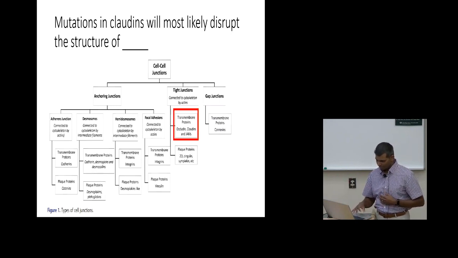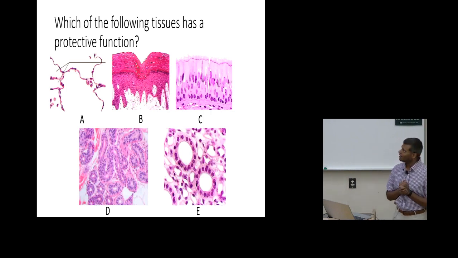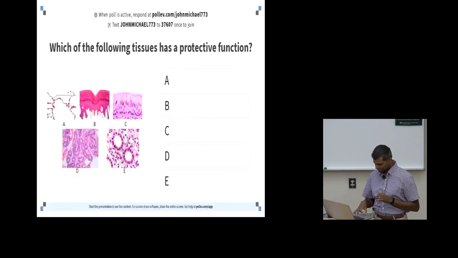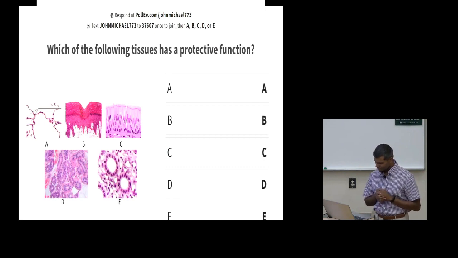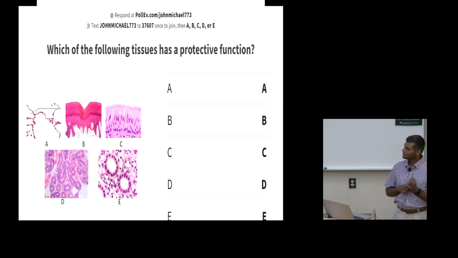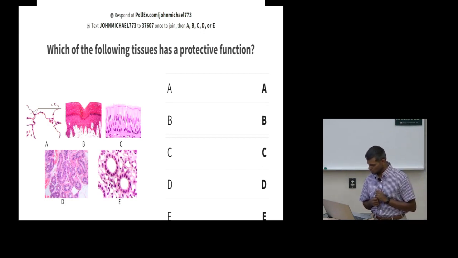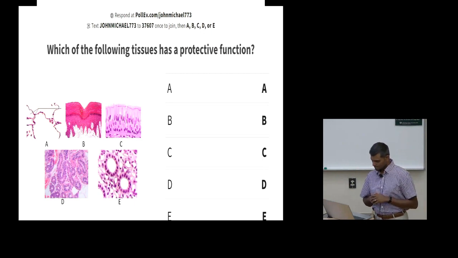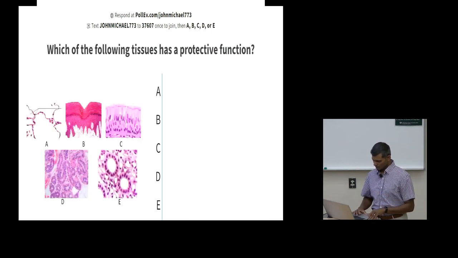All right. Now let's have a question on the epithelial cells. So, which of the following tissues has a protective function? Is it A, B, C, D, or E? Okay.